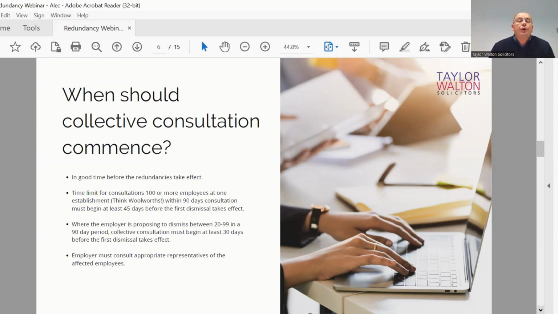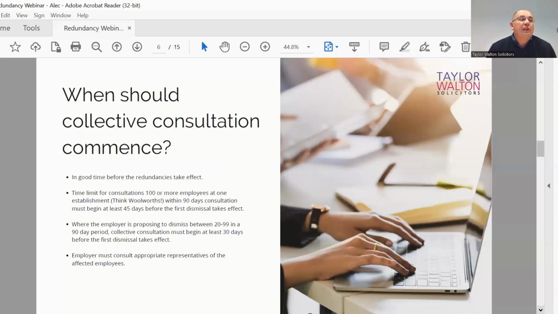Where the employer is proposing to dismiss between 20 and 99 in the 90-day period, it should be at least 30 days before the first dismissal takes effect. And often it is good practice, in circumstances where the employer knows in advance that there is going to be a requirement for collective consultation, for the periods to start before the 30 or 45 days.